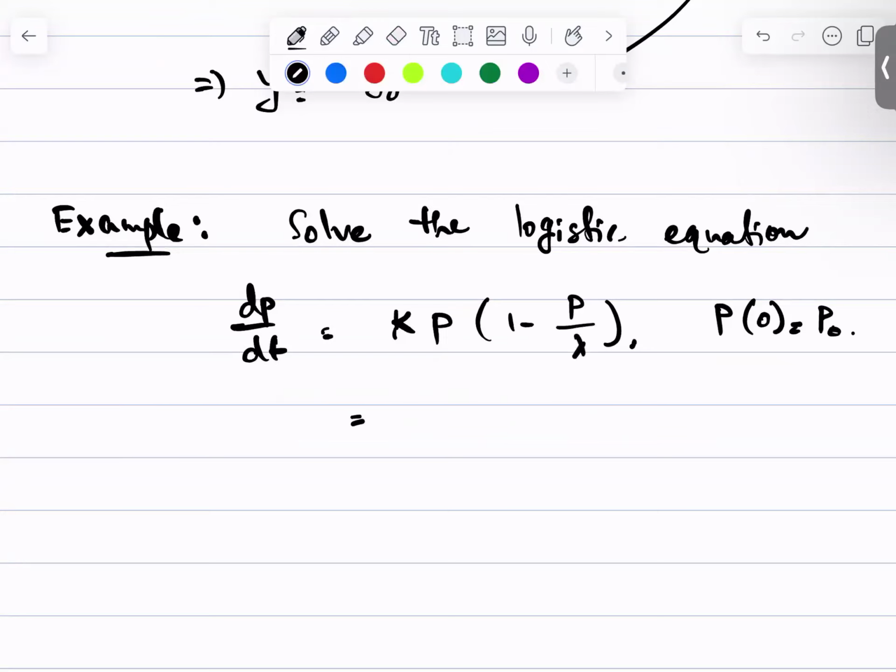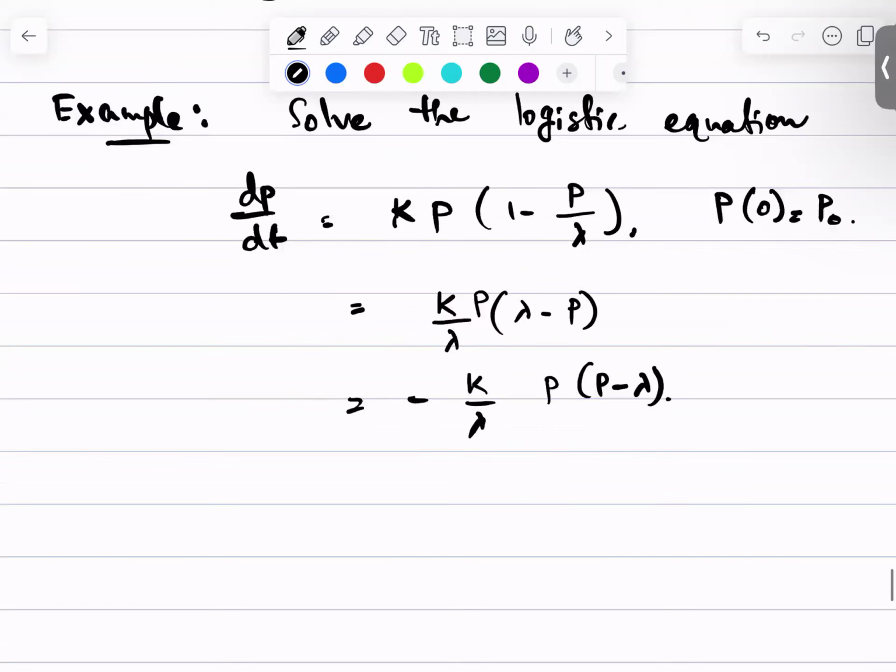I can rewrite this as k over λ, taking the 1 over λ factored out, and then I can write this as k over λ times P times (P - λ), with a minus sign.